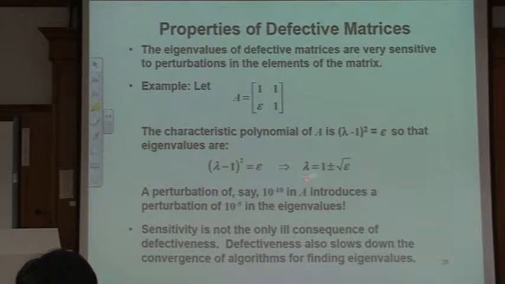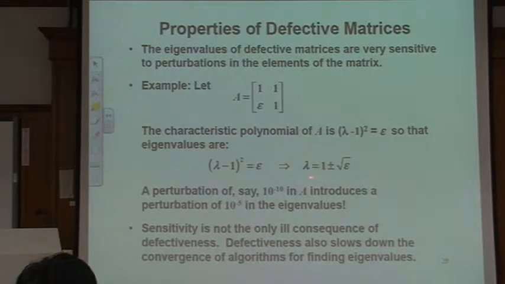If we plug in epsilon as 10 to the minus 10 power, we finally find the perturbation. That's because of this error. Even though this error is very small, it significantly affects the original eigenvalue calculation.